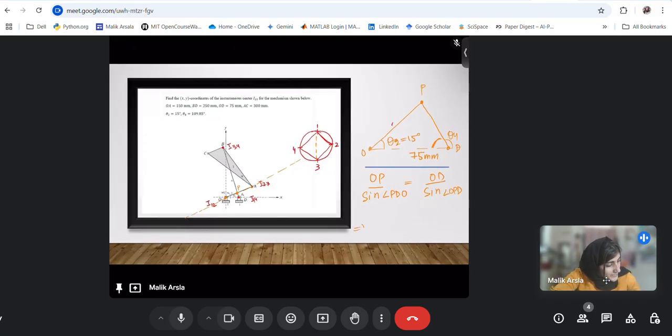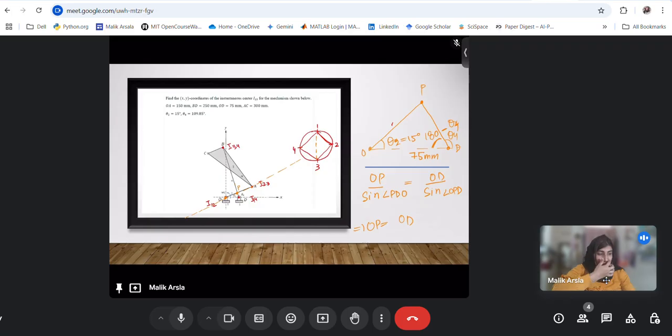Now from here OP can be written as OD, that is known, into sine of angle PDO. So how can we find this angle? This angle will be 180 minus theta 4.